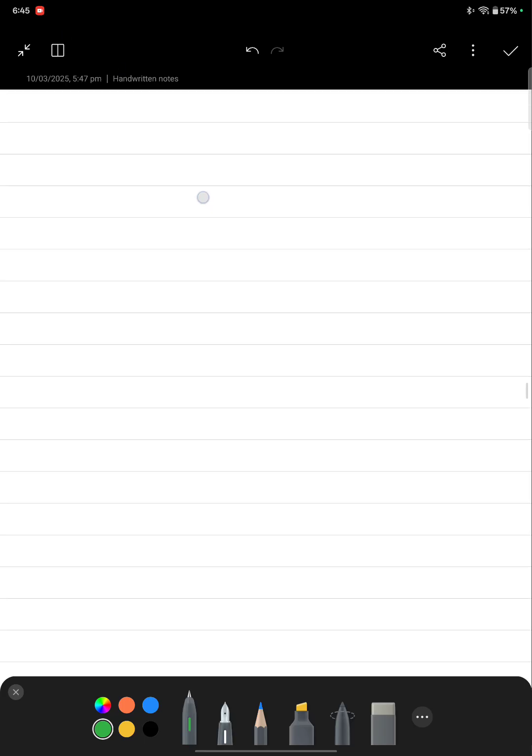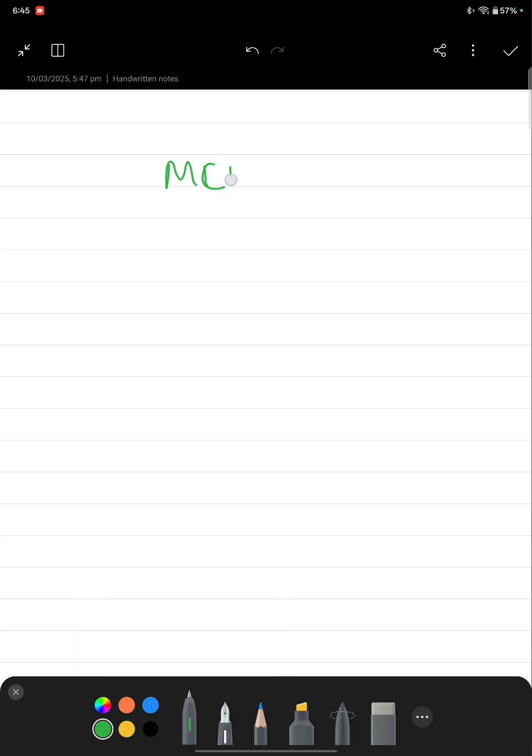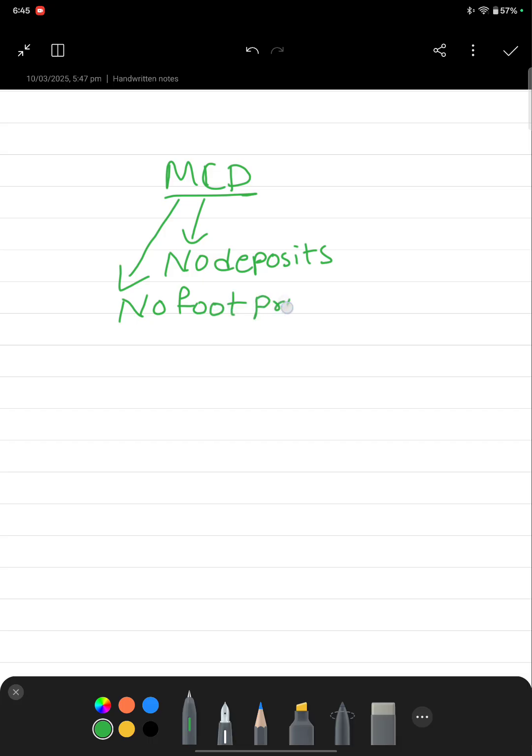Coming to the next type, minimal change disease, MCD. The name itself suggests that it has a minimum number of deposits, that is no deposits. Its movement is also minimal, so there will be no movement, so no foot process. For remembrance sake, I am saying the movement, so no foot process of the podocytes.